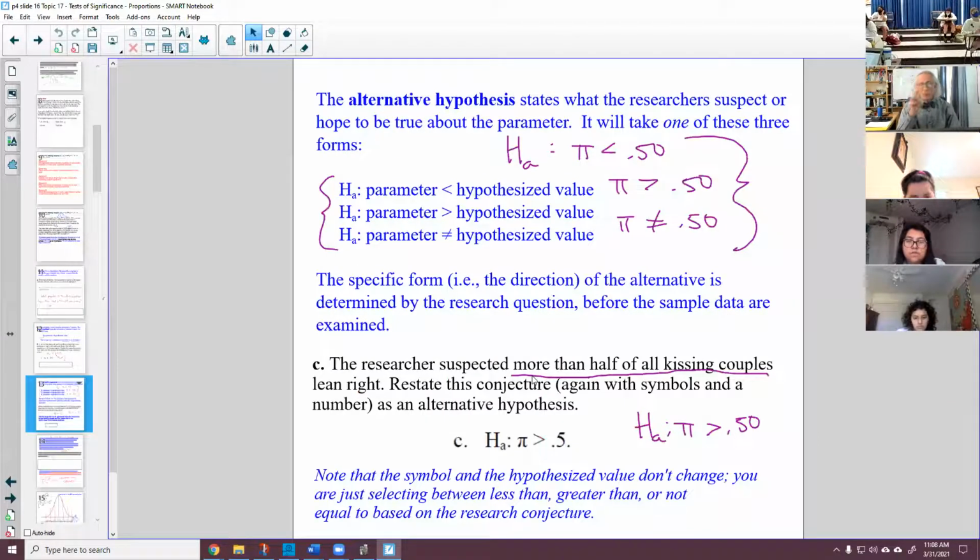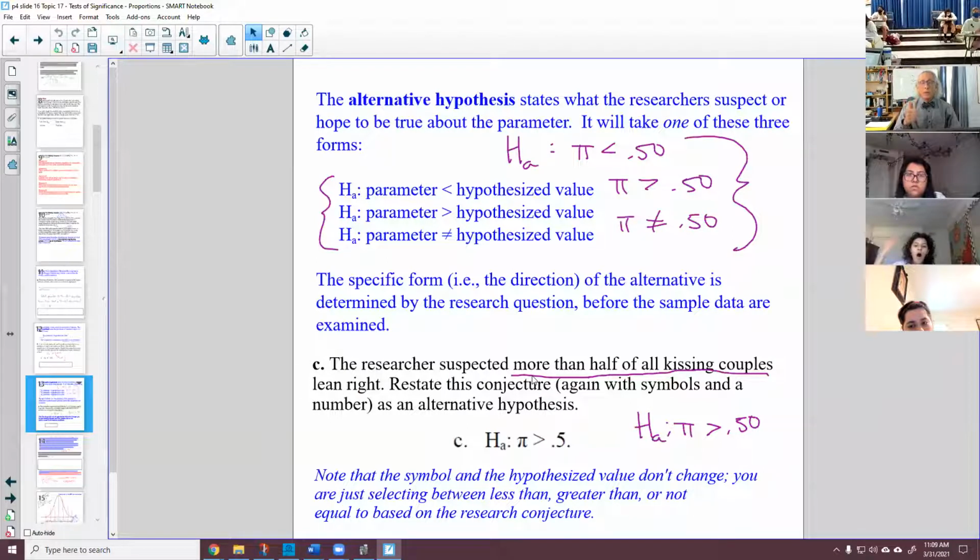And then we have three choices for an alternative hypothesis. One is that pi is less than 0.5. One is that it's greater than 0.5. And the other is that it's not equal to 0.5.